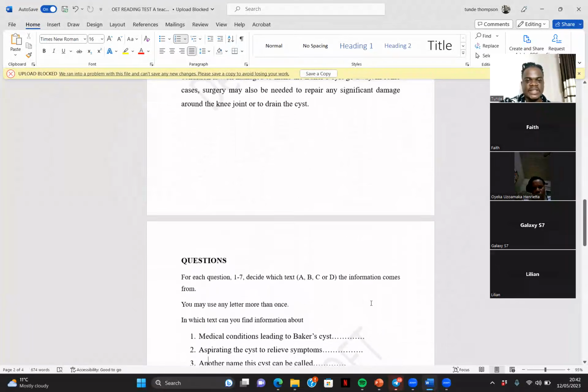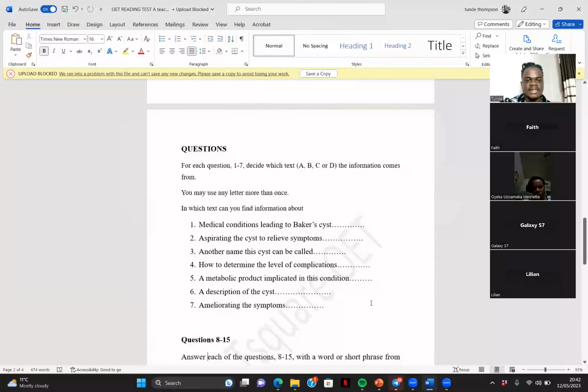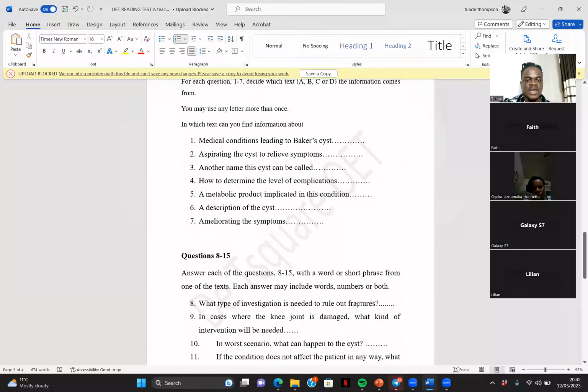I'm seeing X-ray. What type of investigation is needed to rule out fracture? The answer is X-ray. It's better to say an X-ray. An X-ray is what is needed in this case.